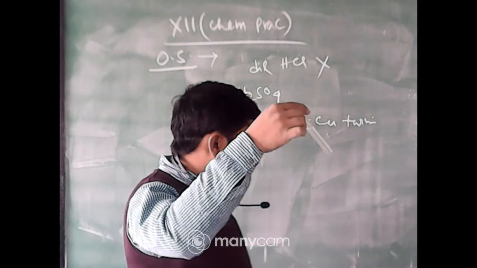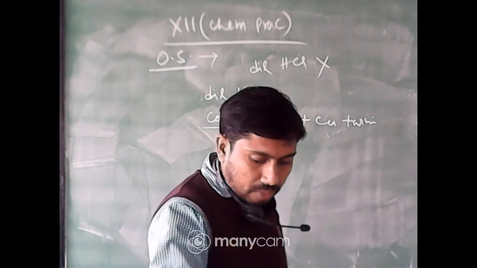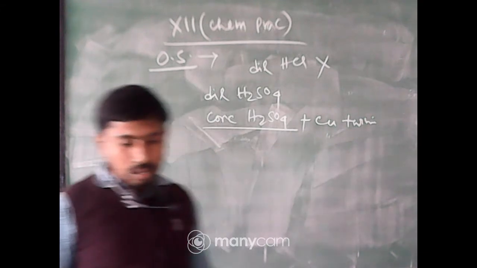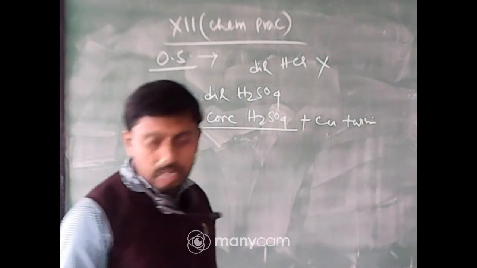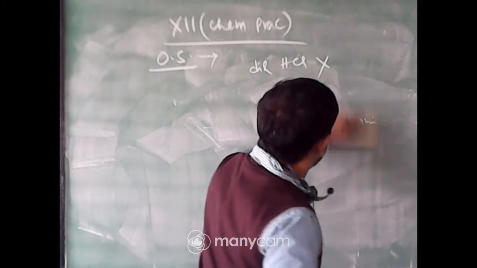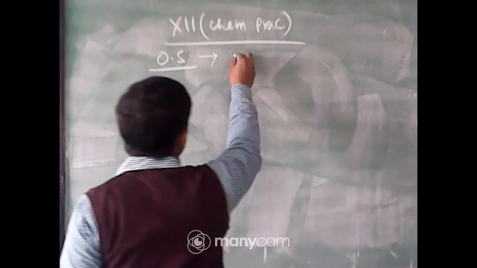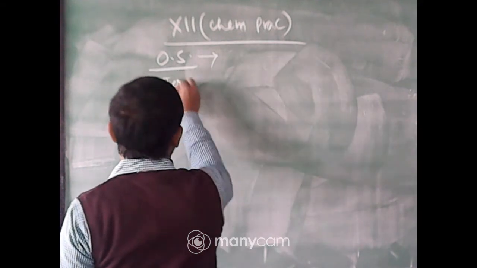You can see no residue is left in the solution. So this is kept reserved for the further tests. Now first is the test for anion. The OS is prepared, then the test for anion.